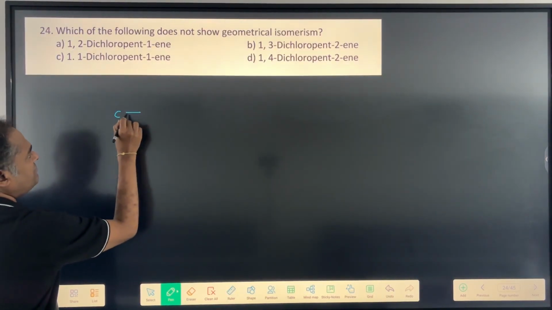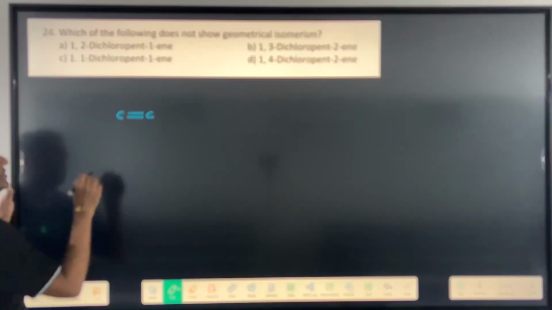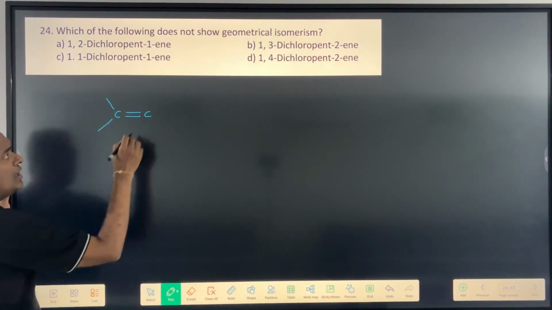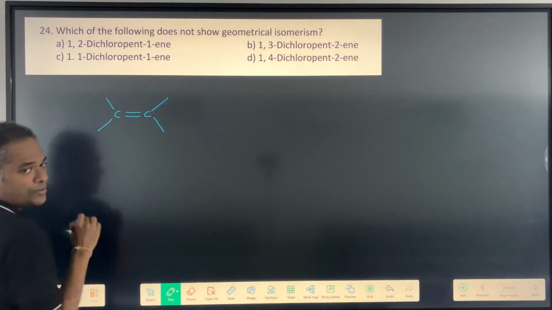Suppose I have got an alkene. Now you have got two groups over here and two groups over here, up and down.